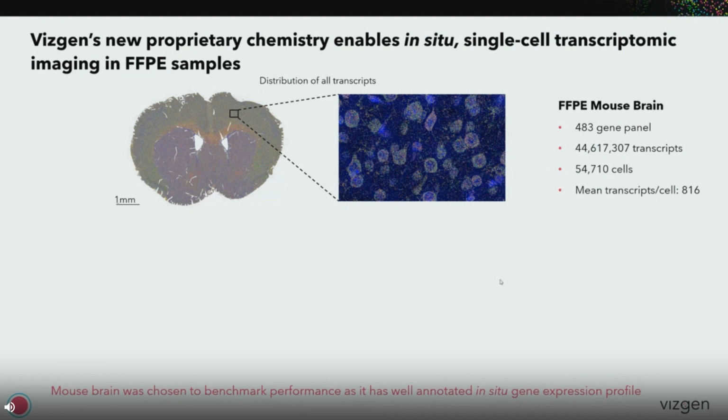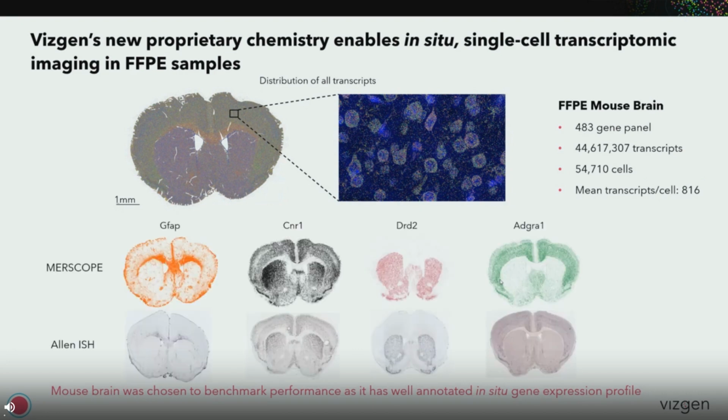This is comparable to our fresh frozen data sets released publicly. If you're interested, we had a data release program with the mouse brain receptor map, and this is something that you will be able to download from our website. It uses the same gene panel to perform the benchmarking in the FFPE study here. Furthermore, the genes profiled by MERSCOPE showed expected spatial distribution in the FFPE mouse brain as well.